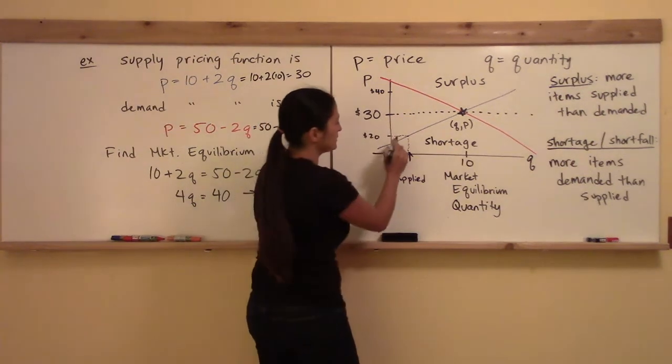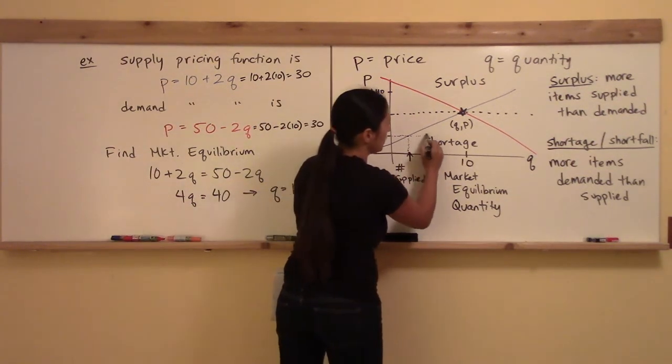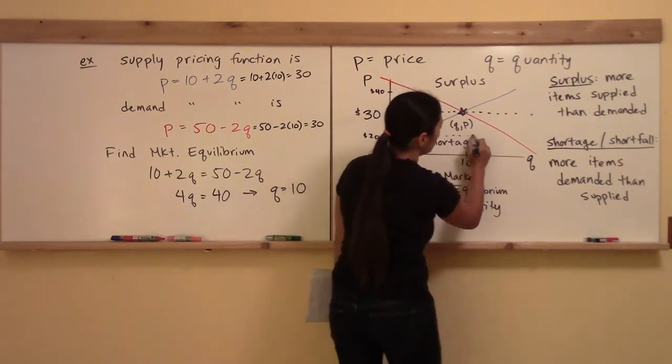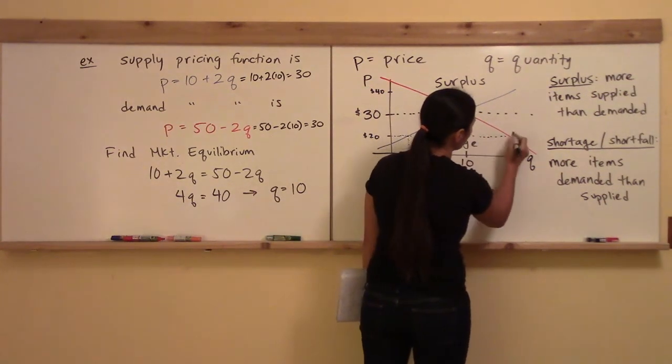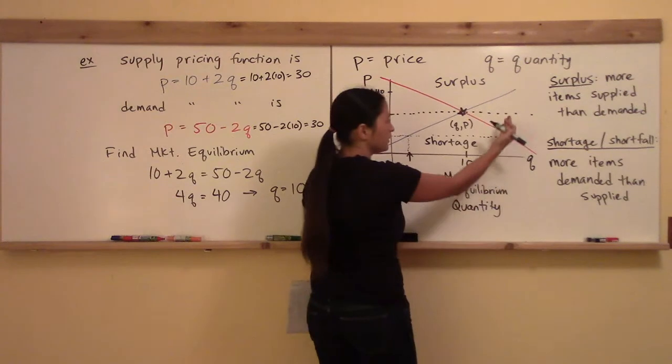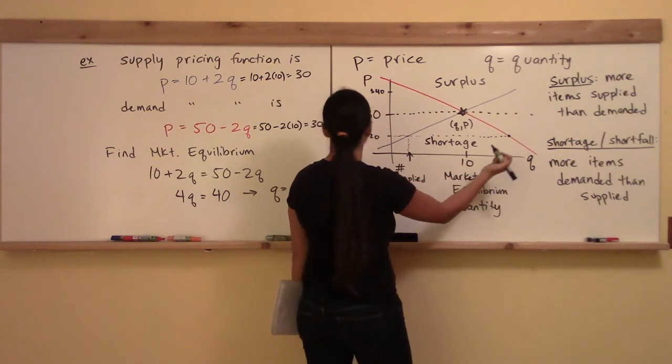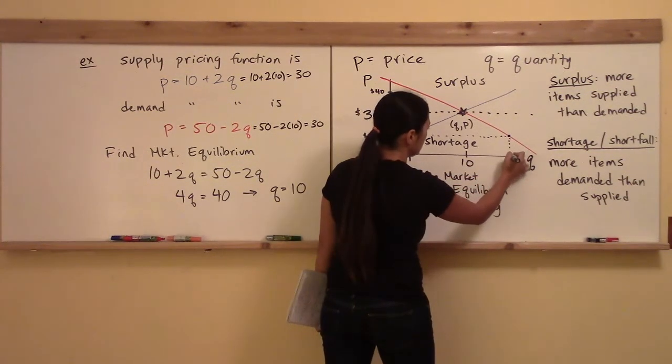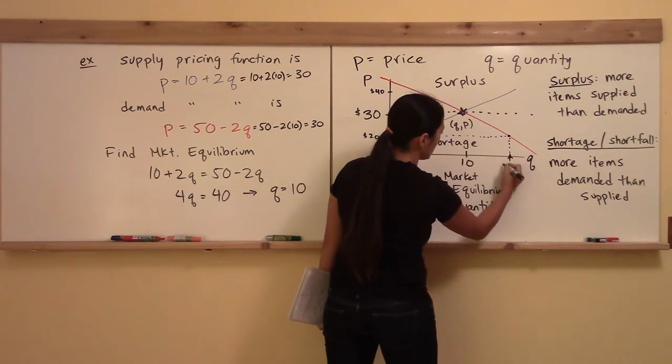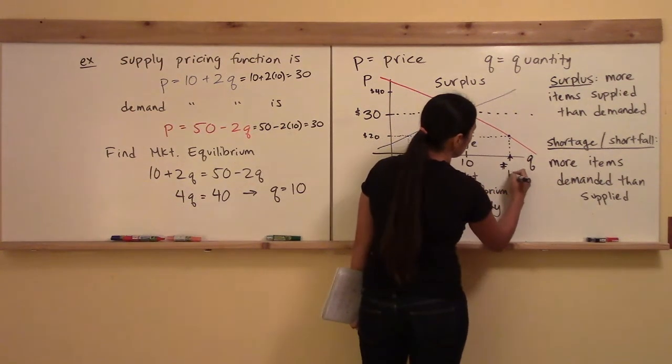Then at that same $20 price point, I go over here and wait until my horizontal $20 line intersects the red line. The red is for demand, and wherever that is on the Q-axis, that's the number that's going to be demanded.